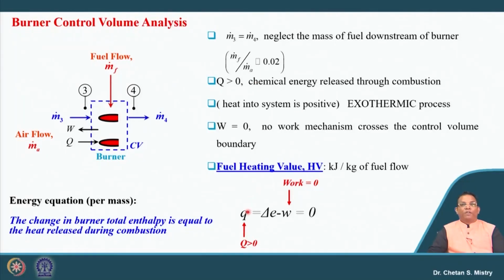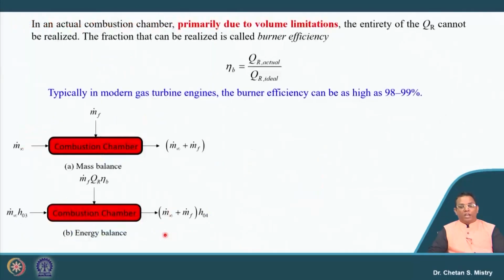So, we can say our fundamental equation is Q equal to delta E minus W, on a per mass flow basis. Here my W is 0. So, we can say the change in Bernoulli total enthalpy is equal to the heat released during the combustion process. Okay. Now, let us try to analyze this part. This combustor is also defined in terms of efficiency.